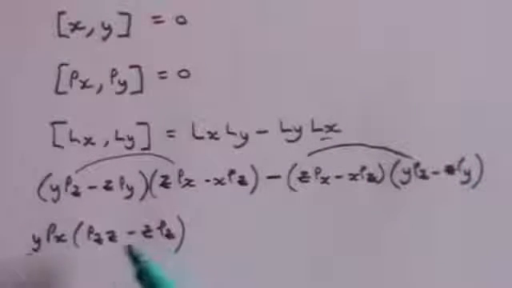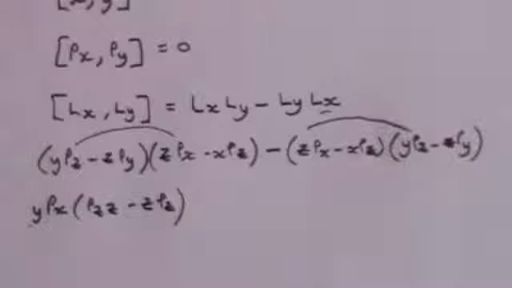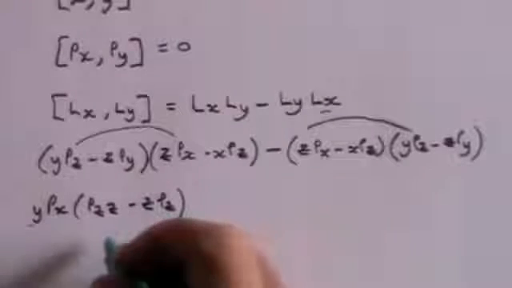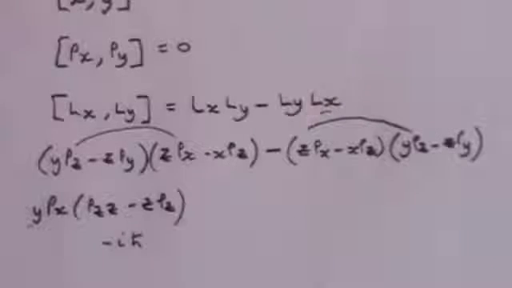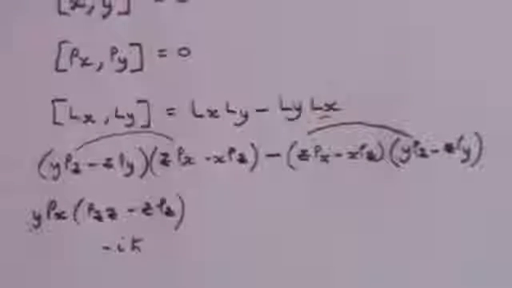And the point is that pzz minus zpz is the commutator of pz with z, and that is not 0, because you can't measure them both at the same time. And that comes out to be minus iħ. Incidentally, I've just spotted an error further up the page here.